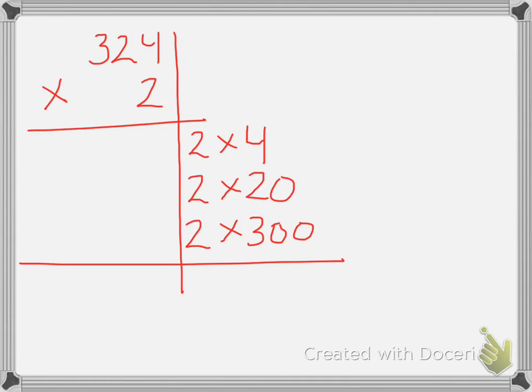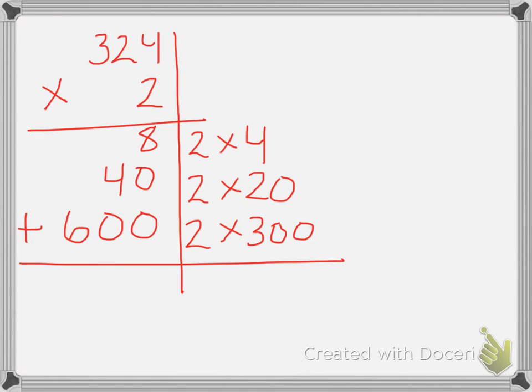Okay, so now I can go ahead and solve for my partial products. 2 times 4 gets me 8. 2 times 20 gets me 40, and 2 times 300 gets me 600.